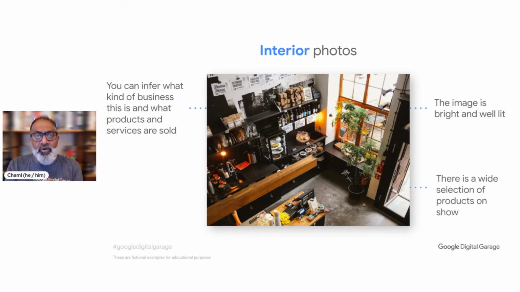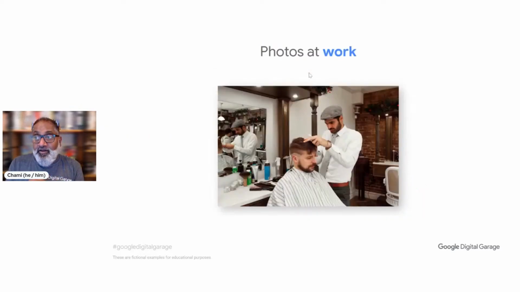The whole product range or selected parts, perhaps the premium end. So you're trying to drive people to the shop to discover what other kind of attributes and product range that you have. Right. In terms of photos at work, we're talking about active photos showing some kind of activity. So here in a barbershop, you want to see the kind of quality of surroundings, if that's important to you.